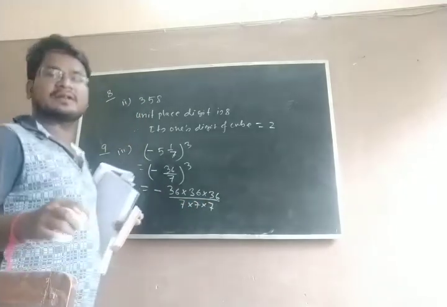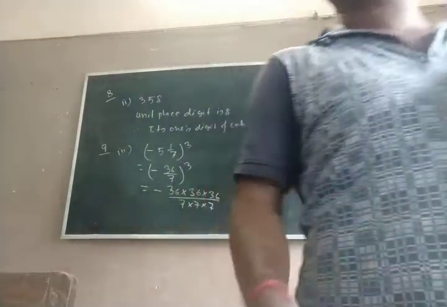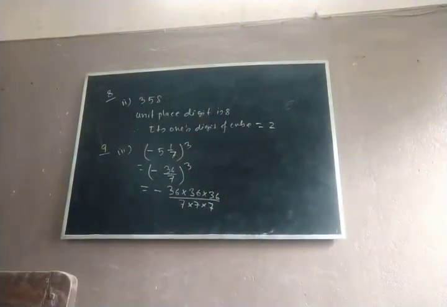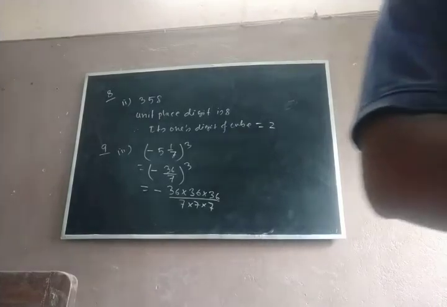Then multiply 36 into 36 into 36, which is 46656.